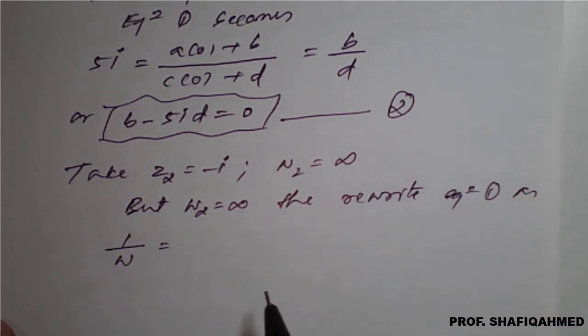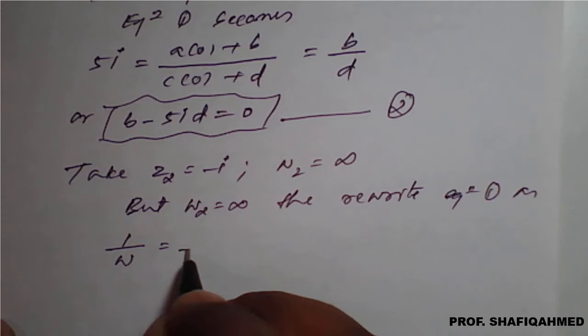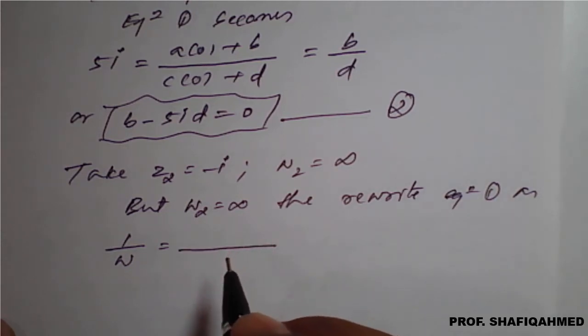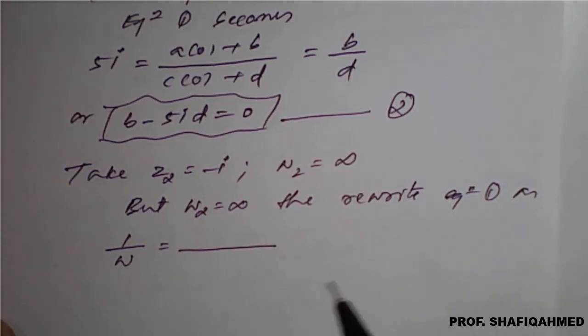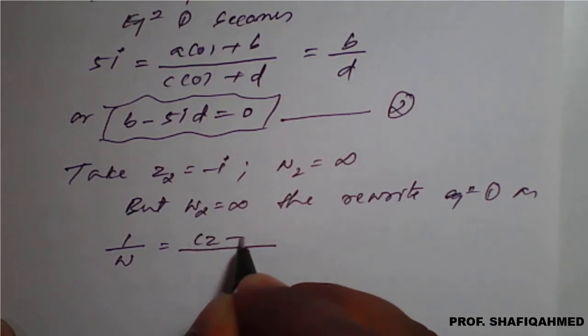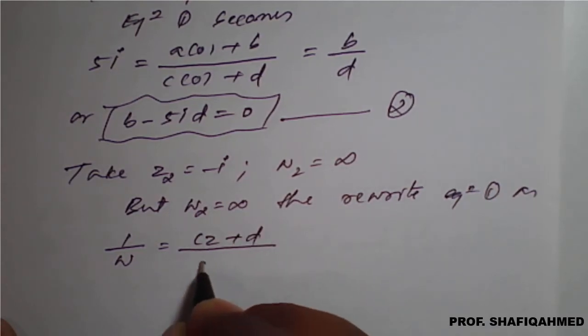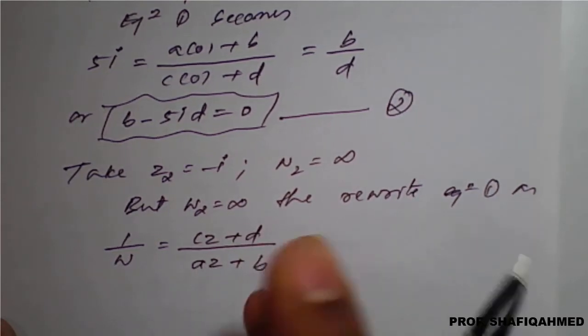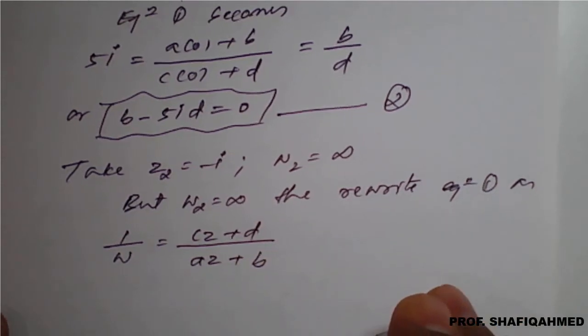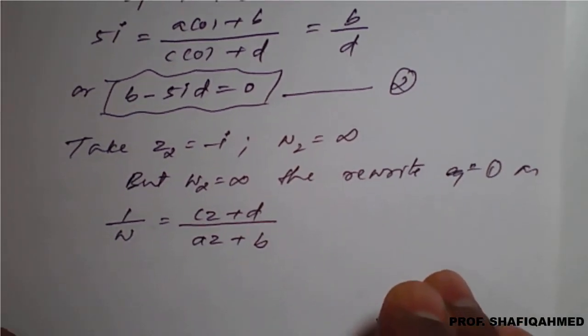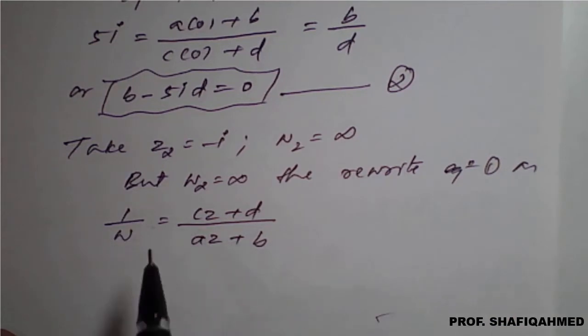Take the reciprocal of equation 1. Instead of (az + b)/(cz + d), it becomes (cz + d)/(az + b). Now apply the values of w and z.